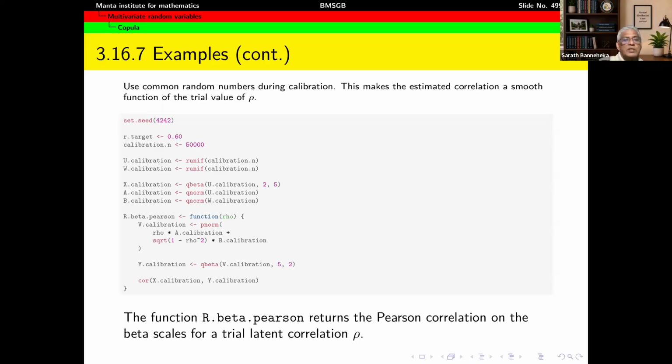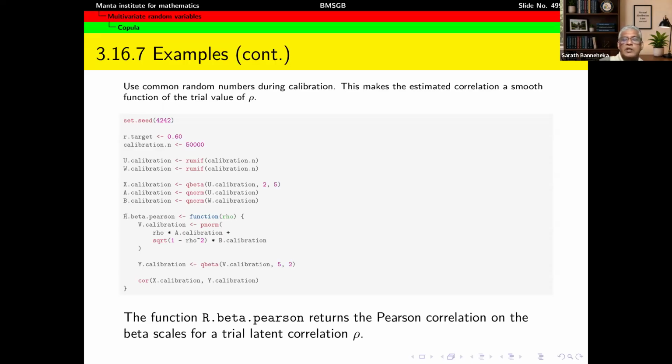So A calibration and B calibration are Z values. X calibration is obtained here. Calibrated V values are obtained, as used in the previous formula, using P norm of rho times A calibration and so on. So this is a function of rho, where I want to find out the rho. This is the function that I will be using to find the calibrated rho.